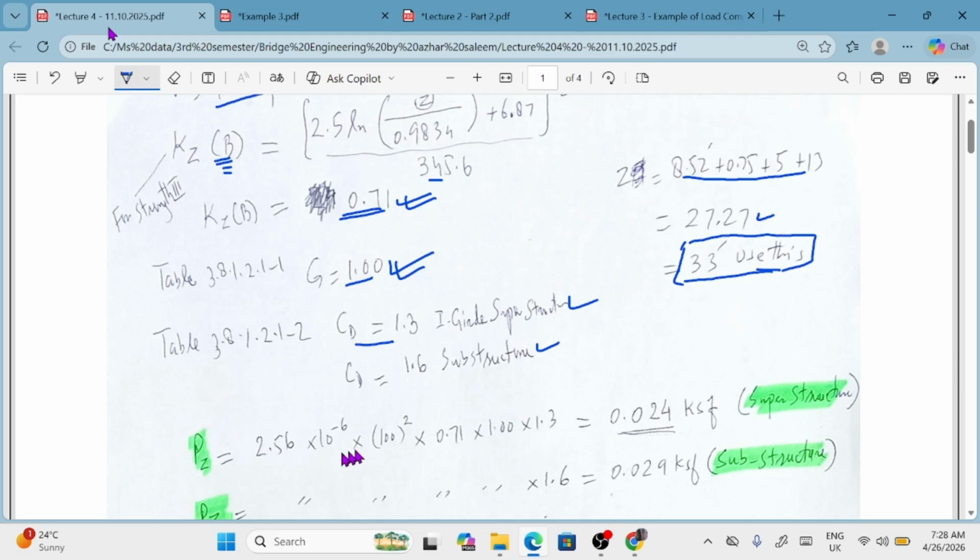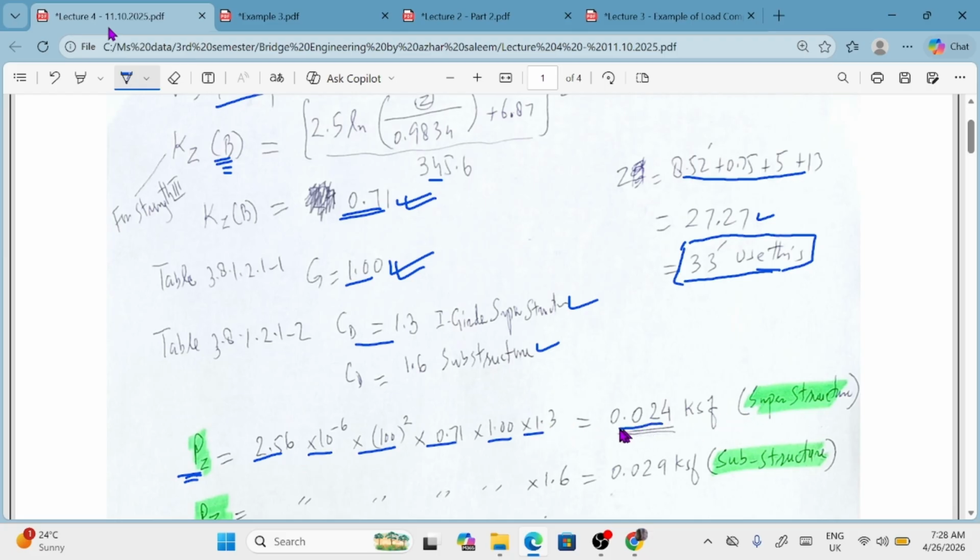So I have plugged the above values into this pressure equation: 2.56 multiplied by 10 to the power negative 6, 100 squared, 0.71, 1 is the gas factor, and this is the drag coefficient, 1.3 for the superstructure.